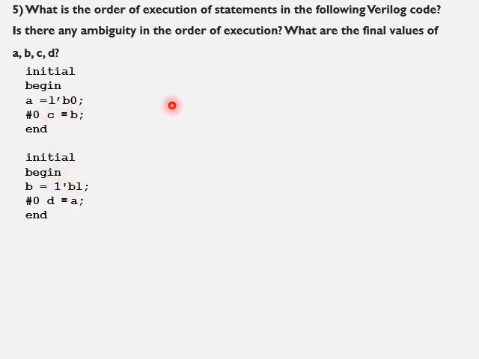So we can write the output for this statement. There is no ambiguity as such. The final value of A is 0 and B is 1. So the final value of C will be equal to B, that is 1, and the final value of D will be equal to A, that is 0.